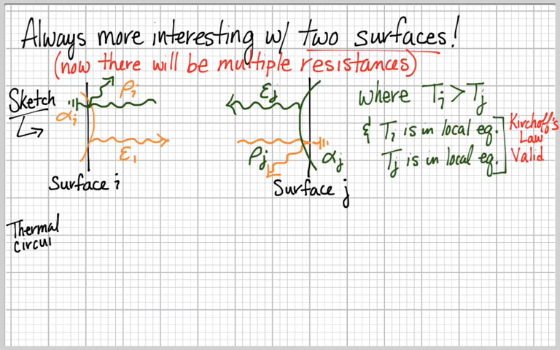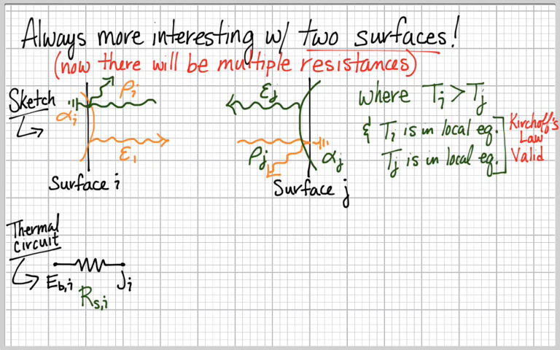Now let's do that again using that thermal circuit diagram. So I'll have my two nodes for the black body emittance, which is going to be scaled down to the radiosity, J, and between them I'll have some sort of radiant surface resistance, which we just described.